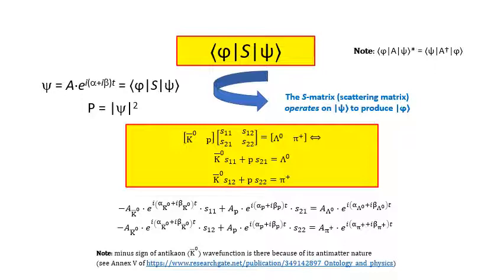You of course can have individual breaking of CP symmetry and T symmetry, but the combined CPT symmetry should always hold, and that's what's modeled by taking the complex conjugate of that expression there: phi, the operator S, and then the end state psi. If we take the complex conjugate, then we have that thing in reverse order, and basically for the S matrix we have to take the Hermitian conjugate of that.